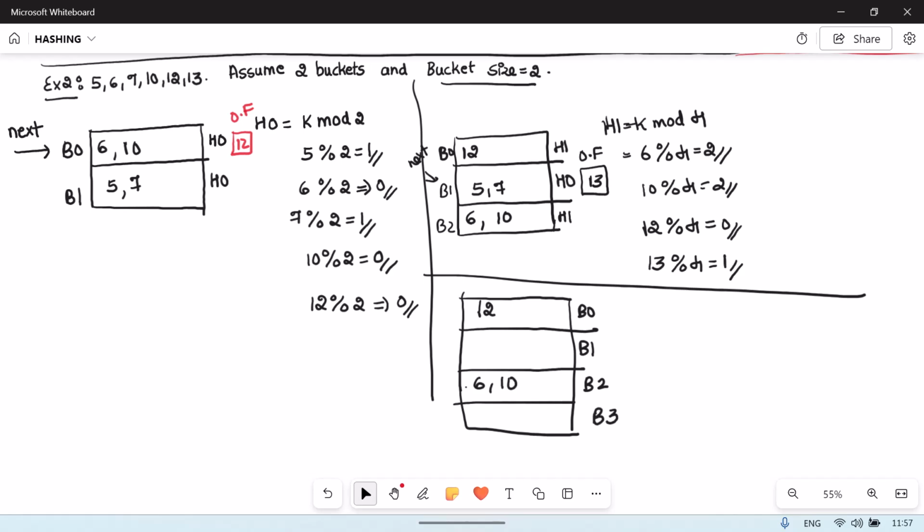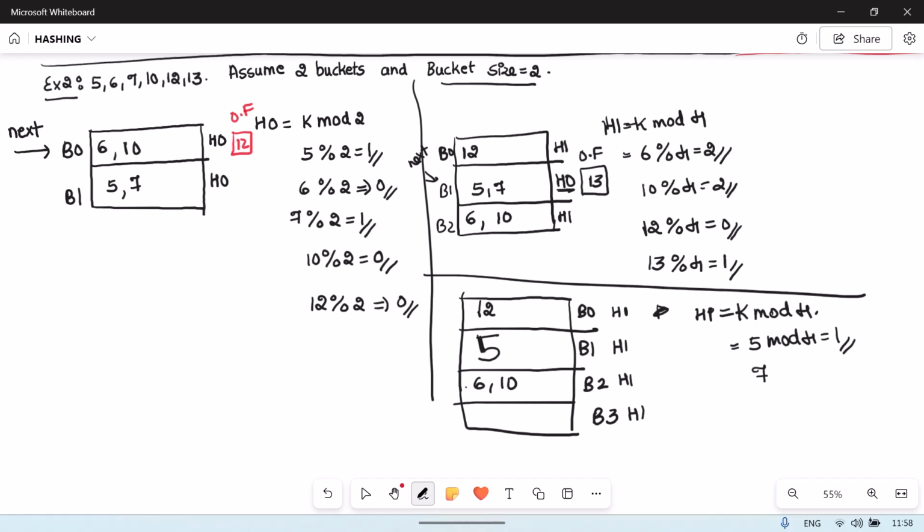B3 is the one. Now, what you're supposed to do? Here it is H1. This was previously H0, now I'll change to H1. Whatever elements are there, on those you will have to apply the H1 function. So 5 mod 4 is 1, so 5 will come here.